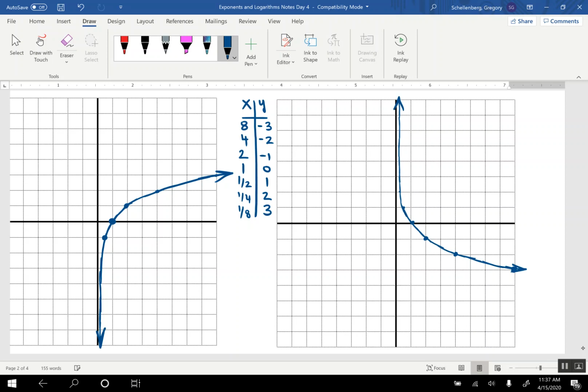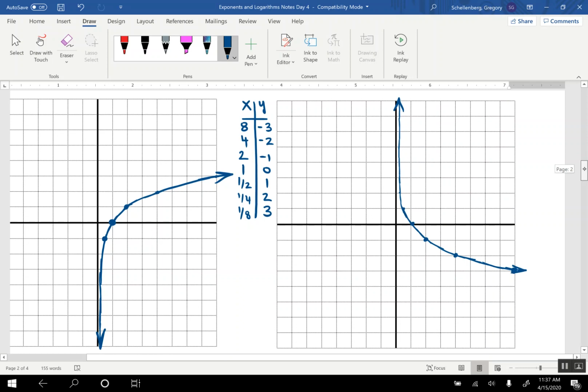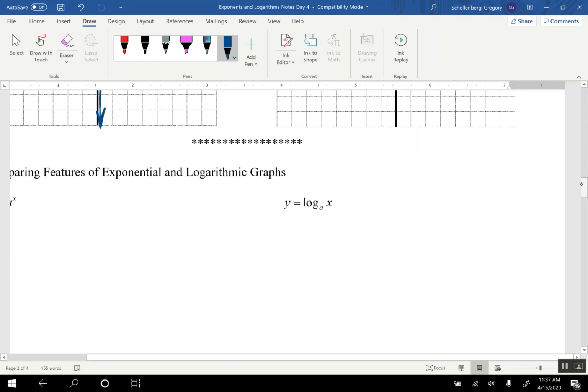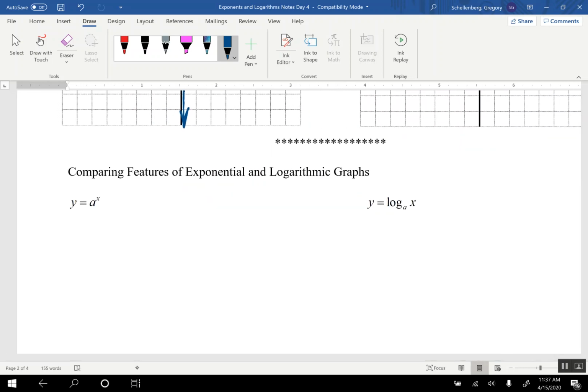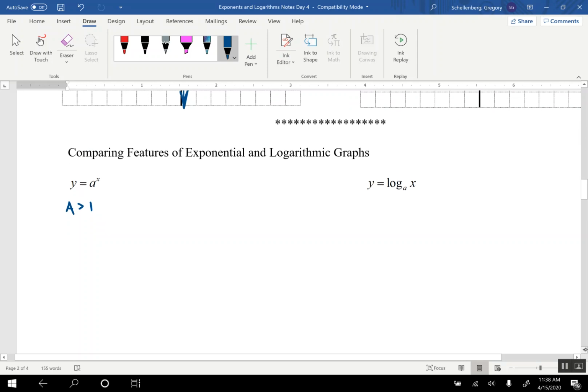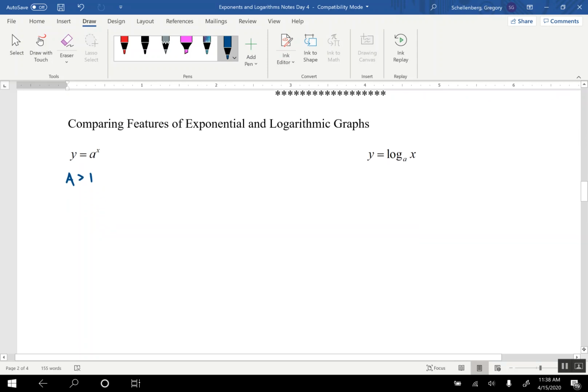Okay, well, let's make some more direct comparisons then between exponential functions and logarithmic functions. Okay, so a base exponential function, y equals a to the x. So if a is greater than 1, we talked about some terminology for this, we would say that this is an increasing exponential function. And the graph is going to look something like that.